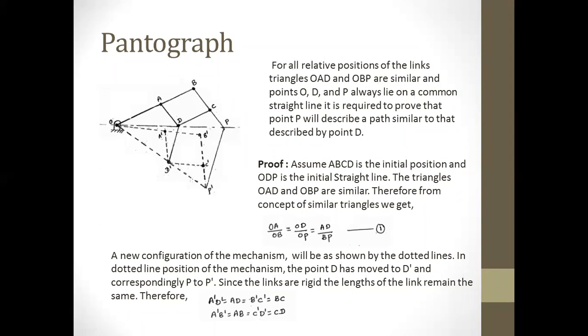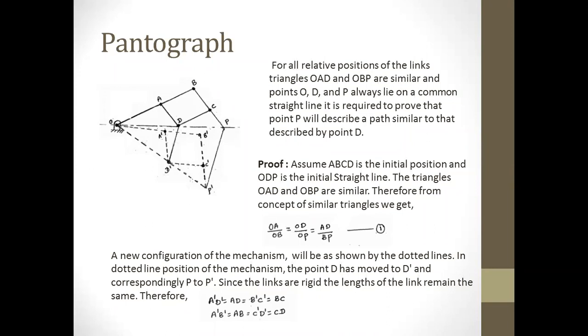Using the similar triangle concept, the ratio of all the sides should be equal. That means the ratio OA divided by OB is the same as OD divided by OP, which is the same as AD divided by BP. Using the similar triangle concept, we write this as equation number 1.